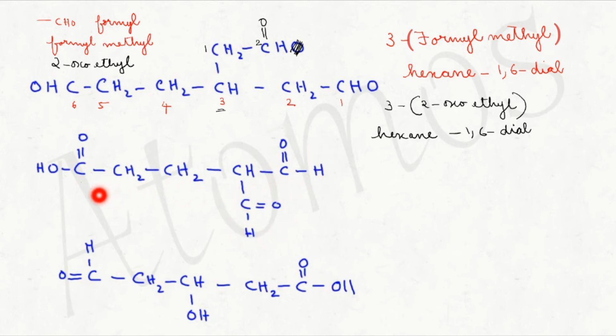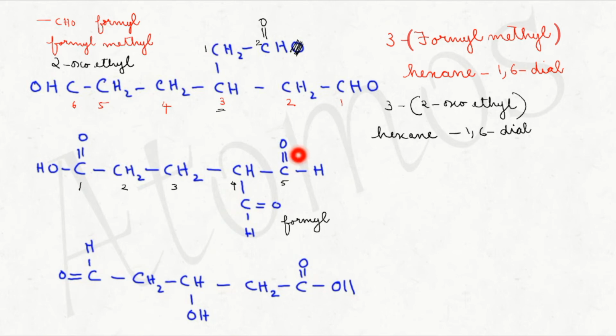So, how should the numbering be done? From left to right. 1, 2, 3, 4 and 5. In this aldehyde group, we are not including this carbonyl carbon for numbering. So, what will be the name of this substituent? We will call it formyl.